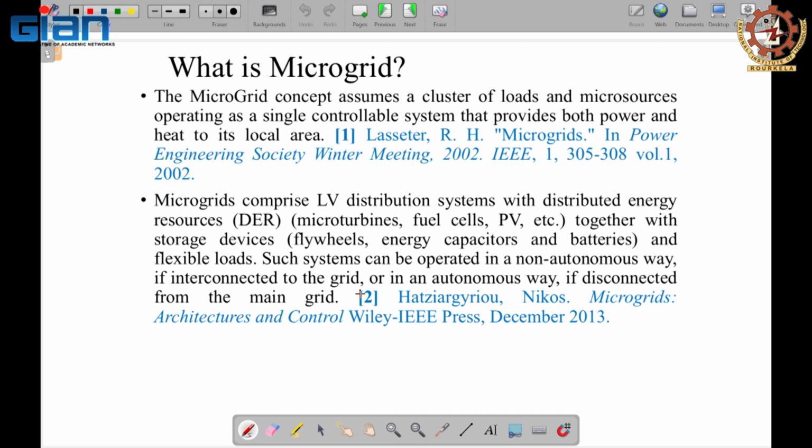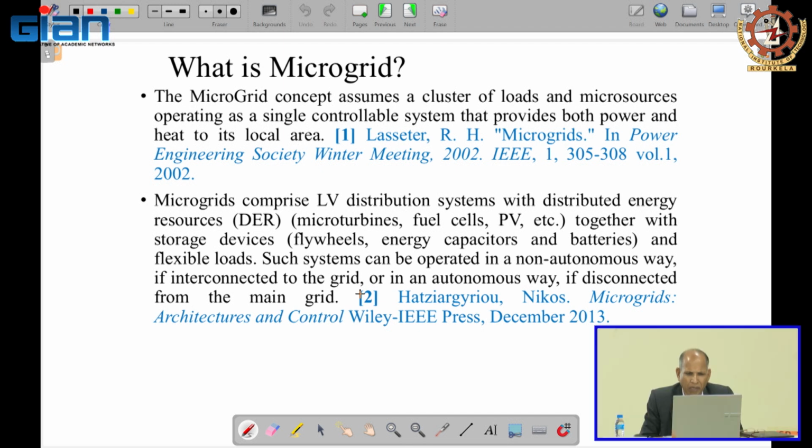Microgrid basically is a concept that is a cluster of loads and generation, small micro sources operating as a system which can provide both power, electricity, and it can have an additional function in terms of heat as well.